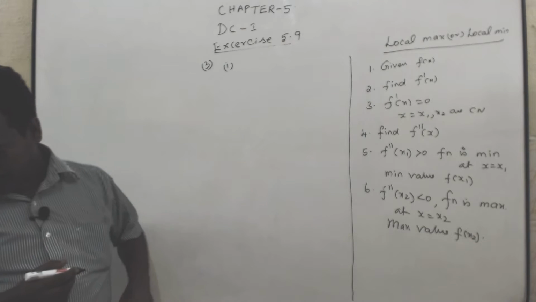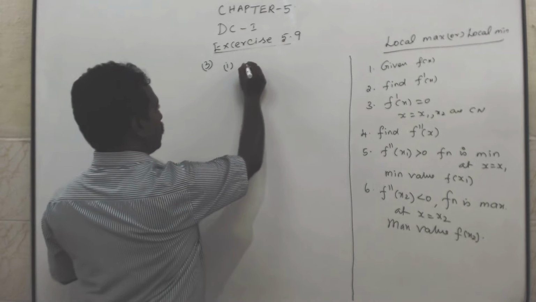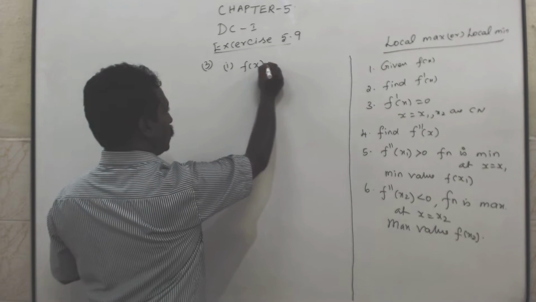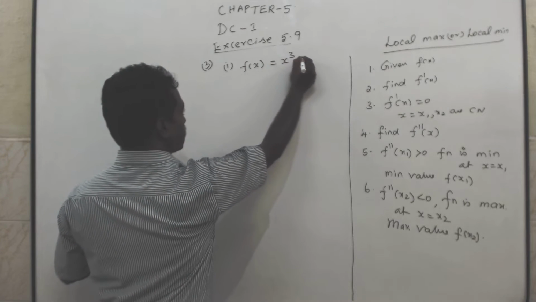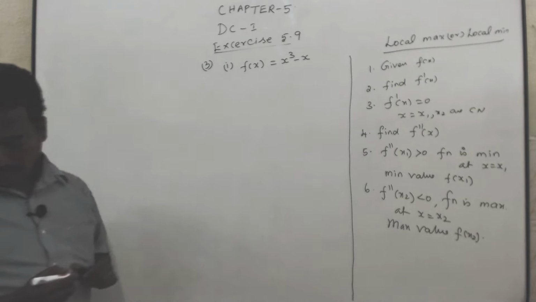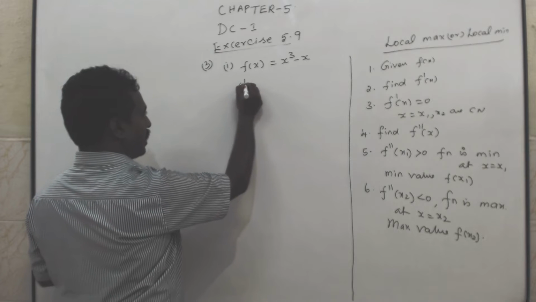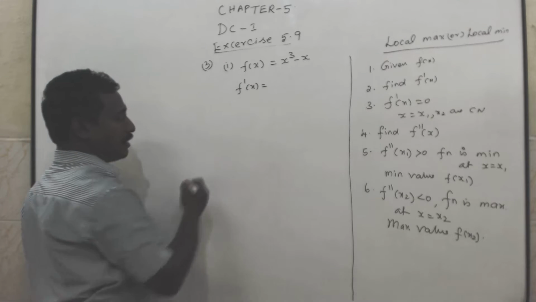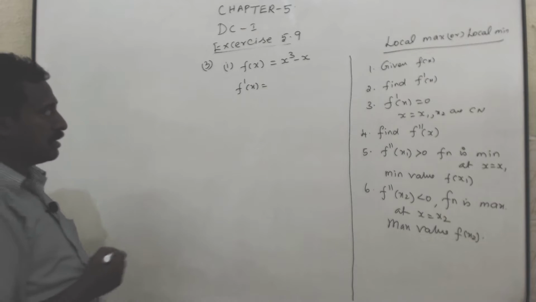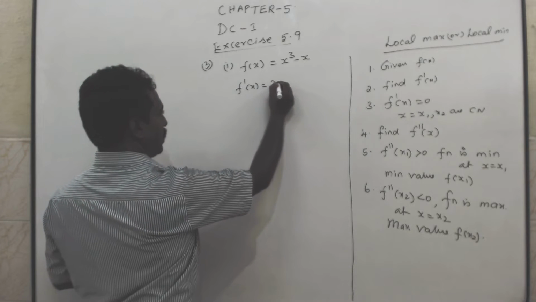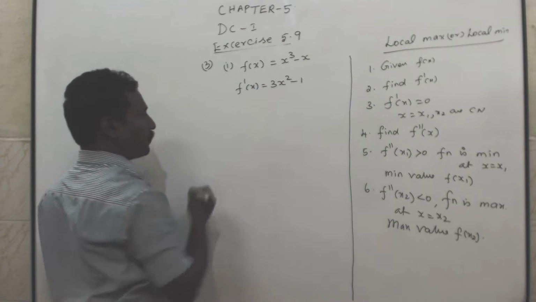First one. What is first one? f of x is equal to x cube minus x. What is second step? f dash of x. What is f dash of x? 3x square minus 1.